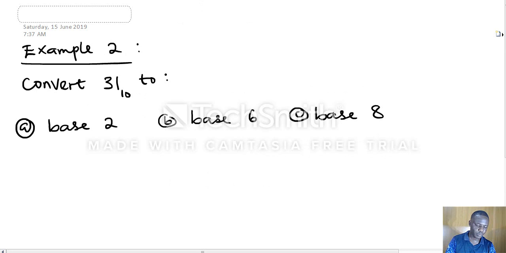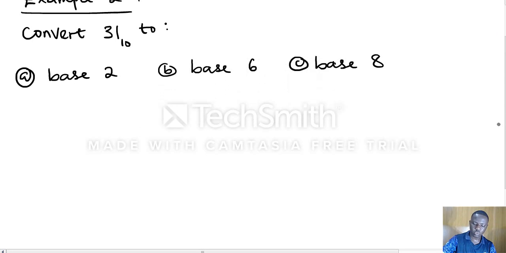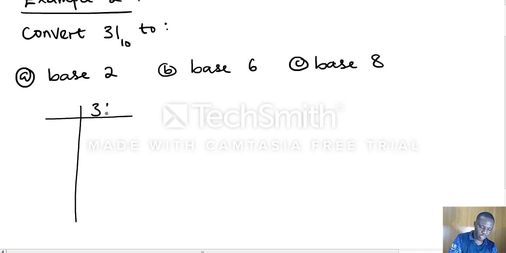Example 2 says we should convert 31 base 10 to base 2, base 6, and base 8. So first of all, convert it to base 2. So I'm going to use the long division method. Divide 31 by 2. 31 divided by 2 is 15, remainder 1.